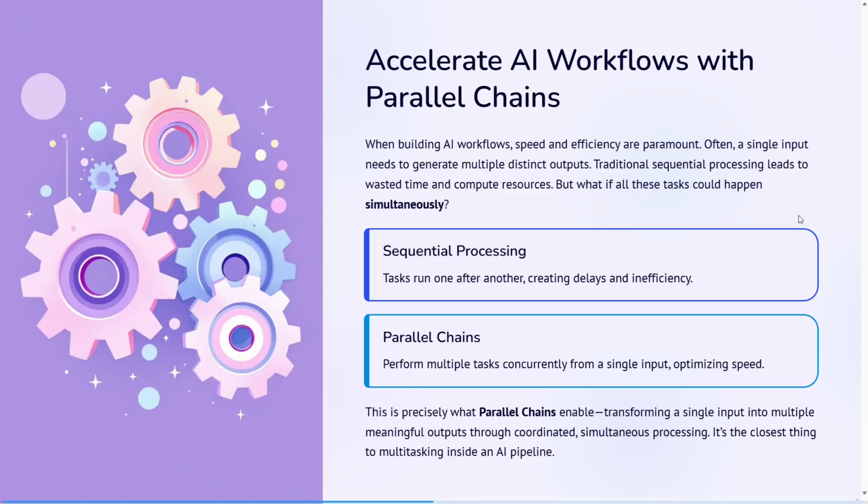Now we move to the final type of chain, which is the parallel chain. Sometimes when we build AI workflows, the problem isn't about choosing one path or the other. Sometimes the challenge is speed, efficiency, and the ability to get multiple things done at the same time. In many real world scenarios, a single input can be used to generate multiple outputs.